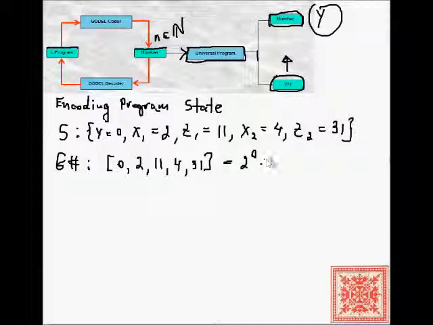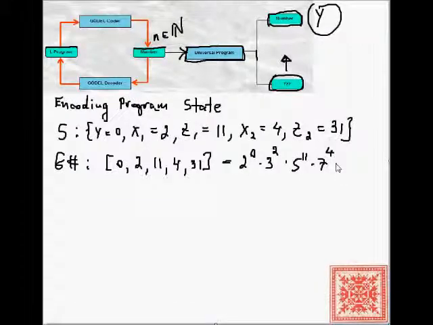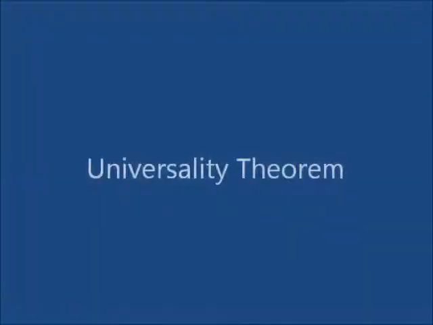And that is equal to 2 to the 0, 3 to the second, 5 to the 11th, and then 7 to the 4th, and then 11 to the 31st.